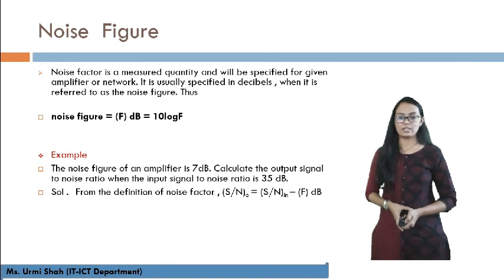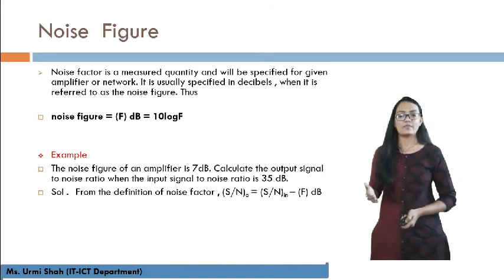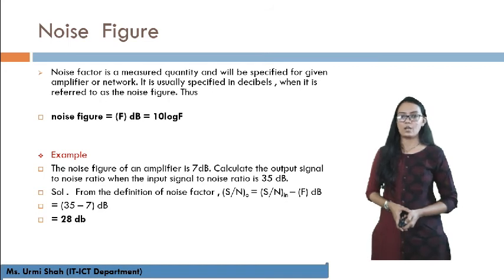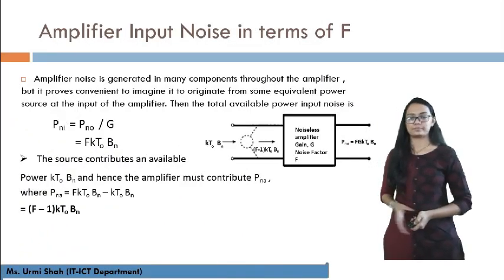So the formulation is that noise factor is basically the ratio of input SNR upon output SNR. So you will find the output SNR by subtracting the noise figure from the input SNR. So 35 minus 7, so 28 dB will be your output SNR. So this is about noise figure.